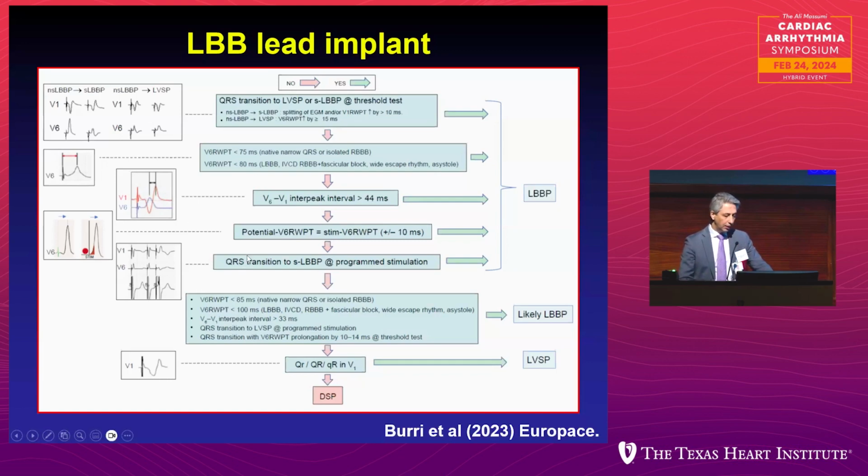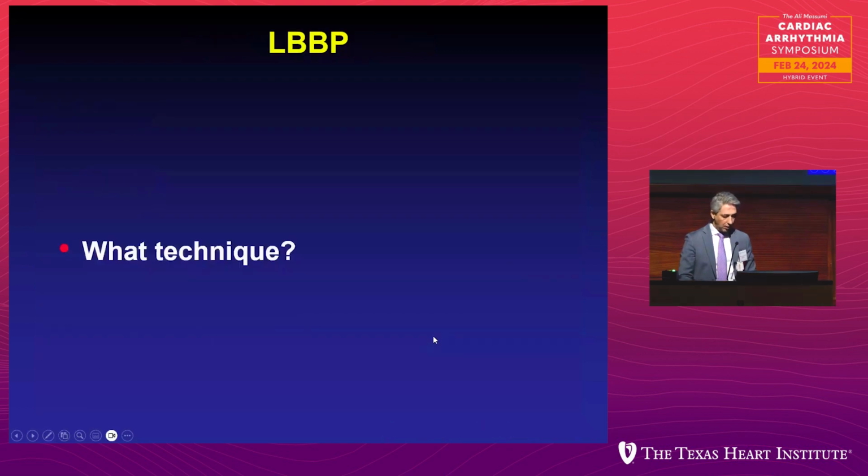And if that doesn't work, you could use extra stimuli. And if none of these criteria are met, there are looser criteria suggesting maybe likely left bundle capture, but if you cannot meet any of these, then by default it becomes left ventricular septal pacing.